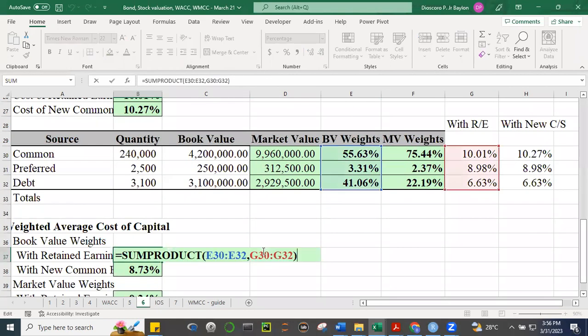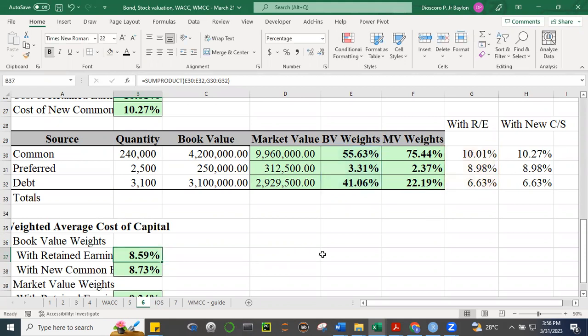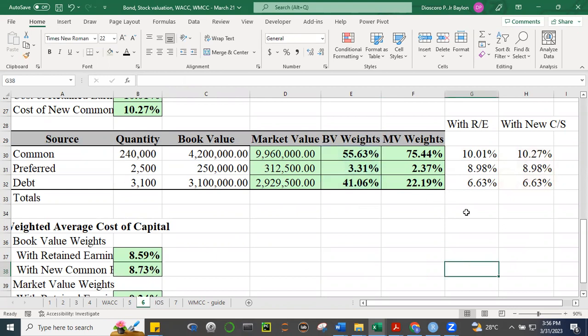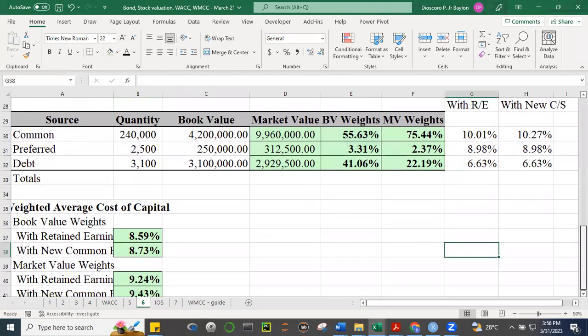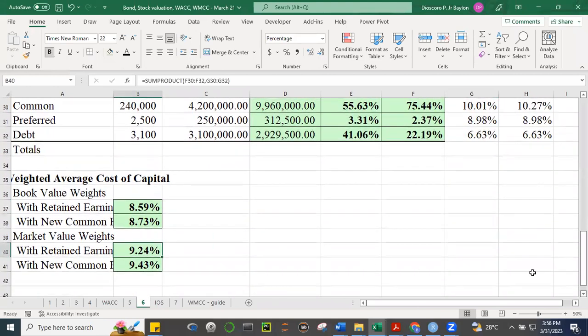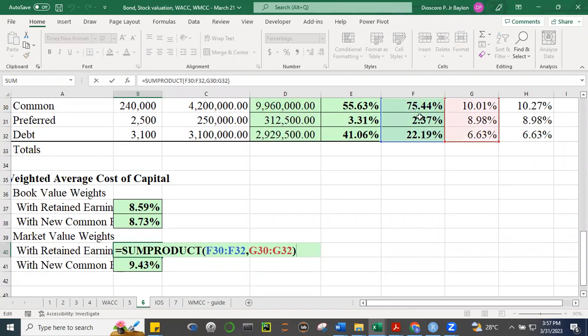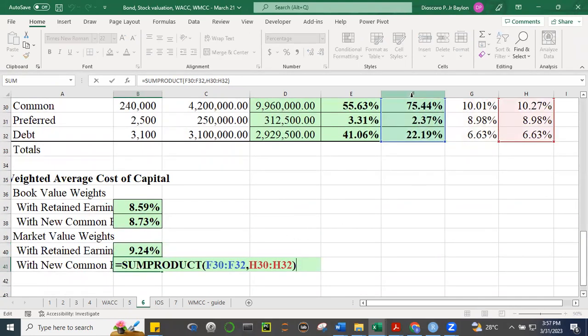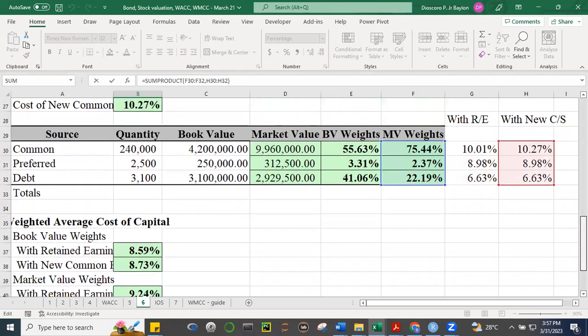So this will just be the sum product. Sum product of the book value weights multiplied with retained earnings. Okay, and this one will be book value weights and then with the new common stock. Of course, the one with the new common stock will be more expensive, will be higher. Okay, also this one, market value weights, we'll use this. Sum product of this one and this one. And then the other one will be sum product of this one and this one.